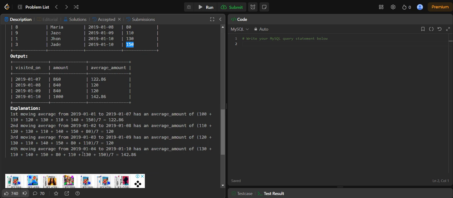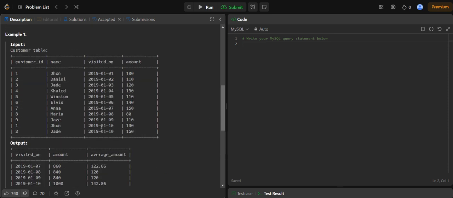So see how many: one, two, three, four, five, six, seven, eight. For the rest of them, only seven were there, seven days. I divide by seven, but here there are eight entries. Still I am dividing by seven, because this date, January 10, has two entries.